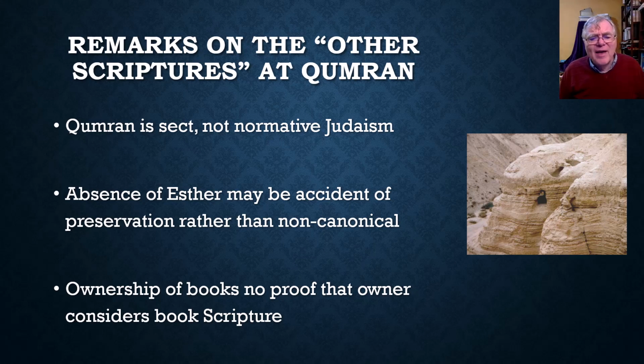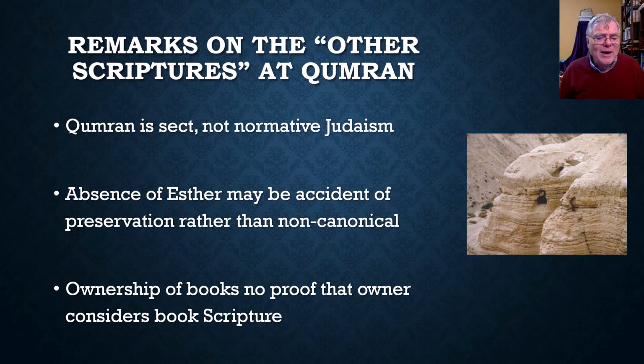Moreover, the absence of Esther could be an accident of preservation rather than non-canonical. Maybe some of the caves had Esther scrolls in them, and maybe somebody found them and took them off, or maybe they rotted away because they were put in a place that was more exposed to weather, and so on and so forth. And so, the absence of Esther doesn't prove that Esther was non-canonical.